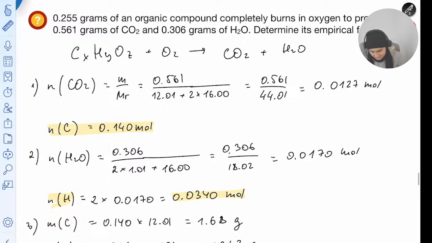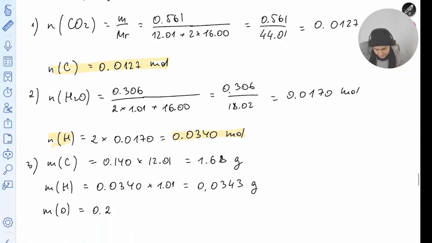Yeah, so that's 0.0127 moles. That's the number that I would need. So this is wrong.